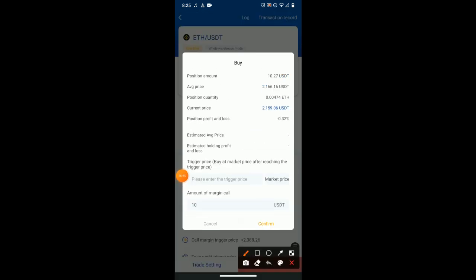Now, my profit and loss is still minus 0.28%. I want you to be looking at this. Once you click confirm, it will be triggered, and it will affect it. It will reduce your loss. It will bring it up because it is now dollar cost averaging.